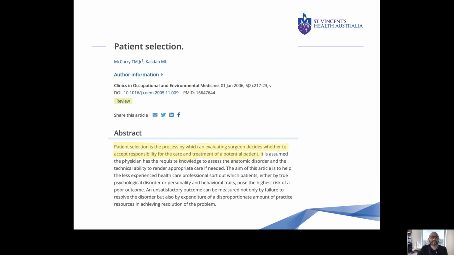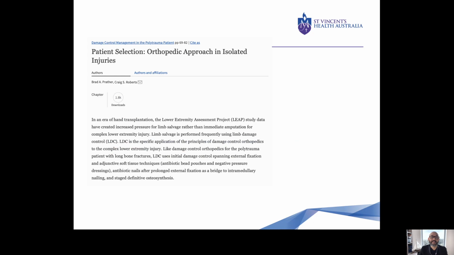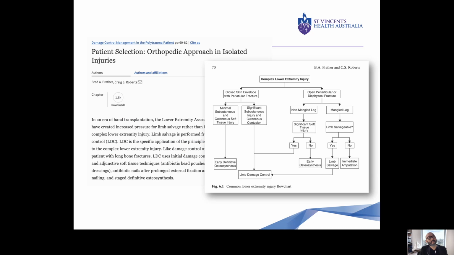And then effectiveness, which is the other side of it, is how effective your intervention is dependent on the right patients getting that treatment as well. So patient selection is important. It's the key topic that we're looking at. And in orthopedic surgery, there are all sorts of ways that surgeons select the patients.